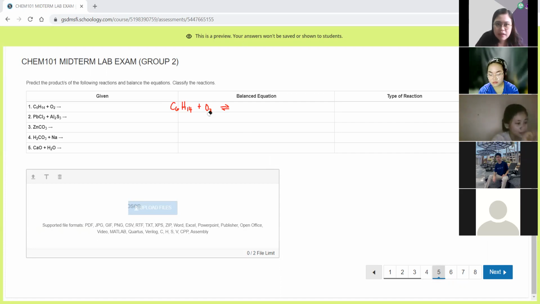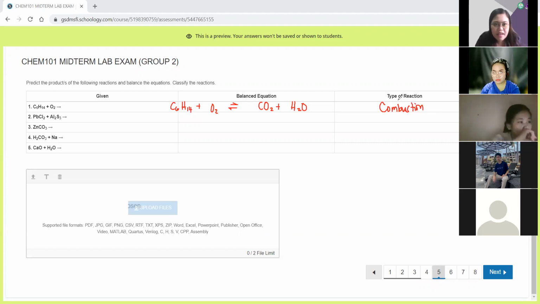Let me rewrite it. I want to provide enough space for the balancing. The products for combustion reactions are always carbon dioxide plus water. All we need to do is balance this. The type of reaction again is combustion.